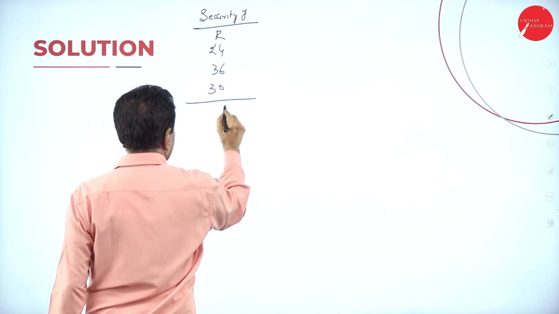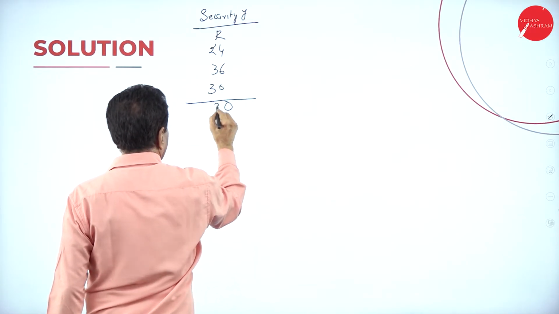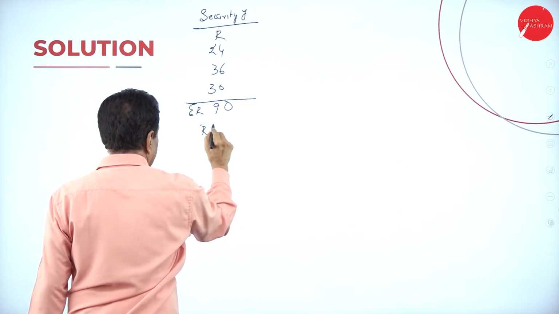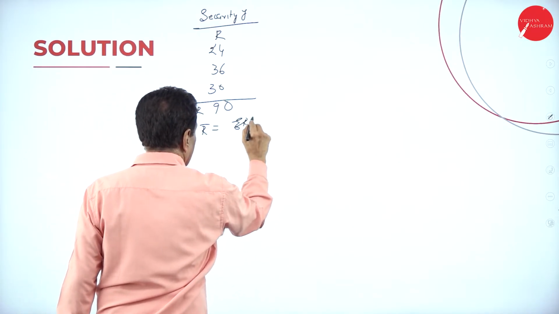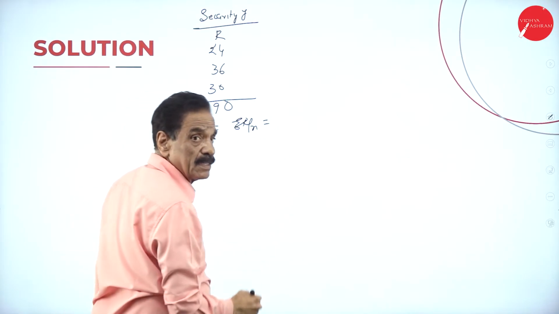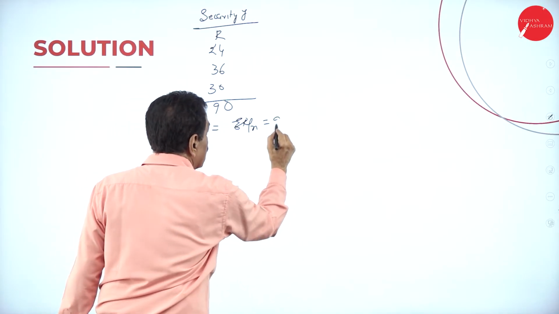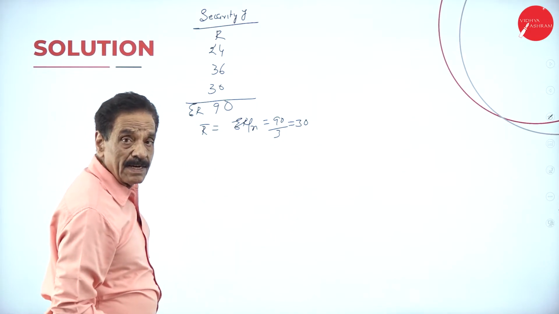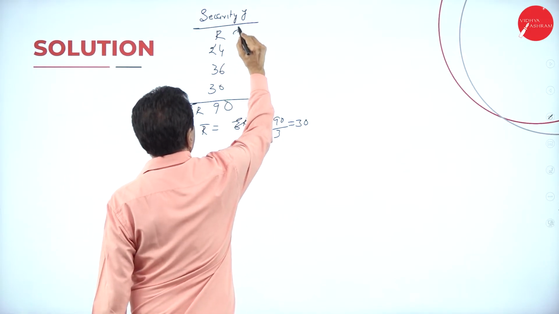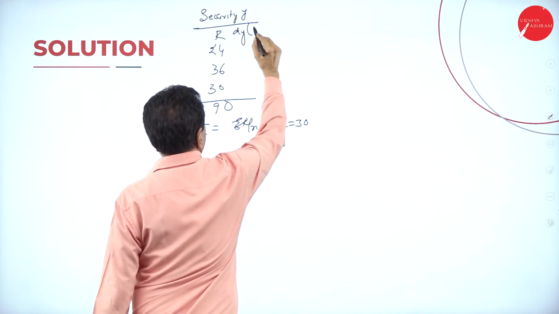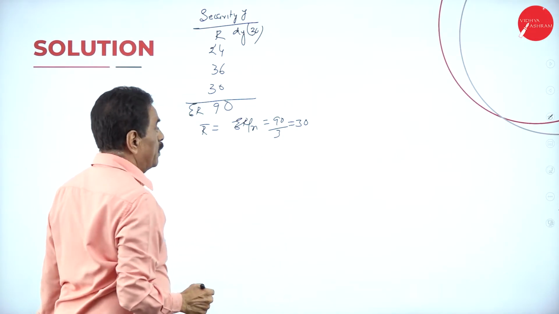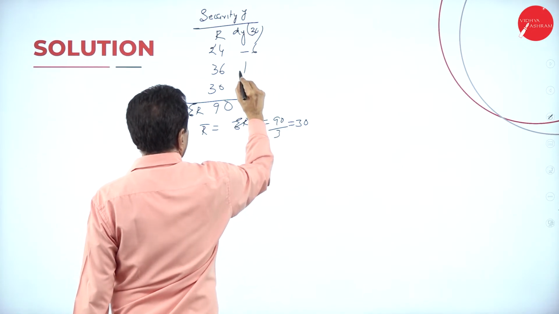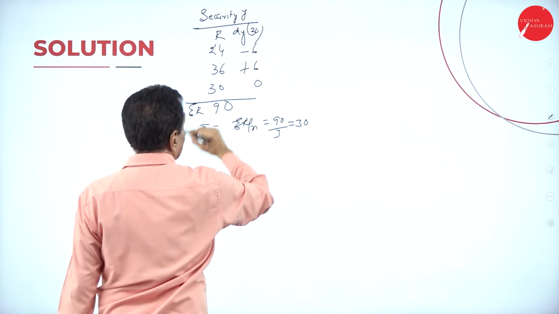Add the figures, 90, sigma R. R mean is equal to sigma R divided by N. This is 90 divided by 3, which is 30. Take the deviation now, dy. 24 minus 30 means minus 6. This is plus 6. This is 0.